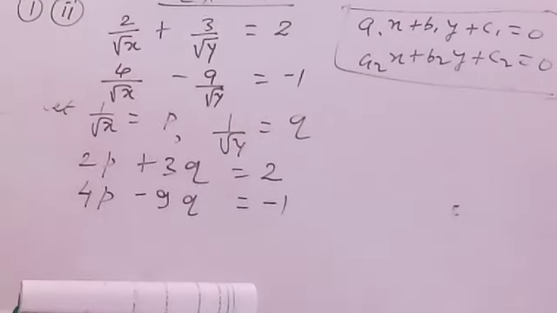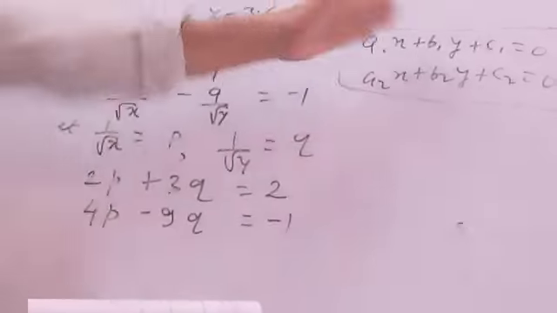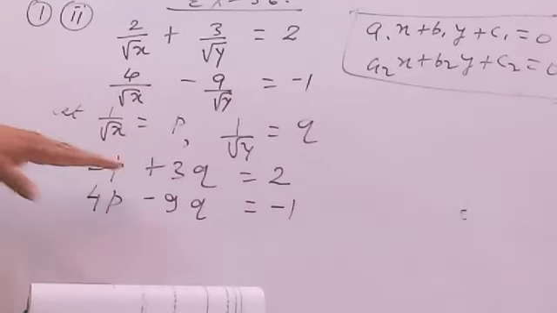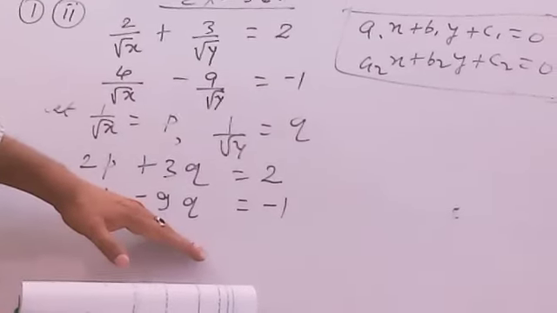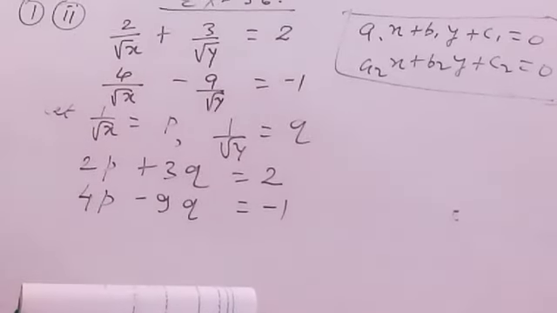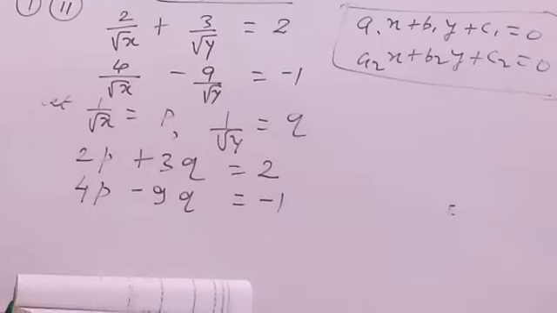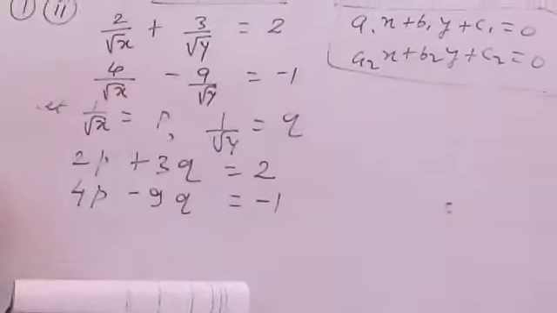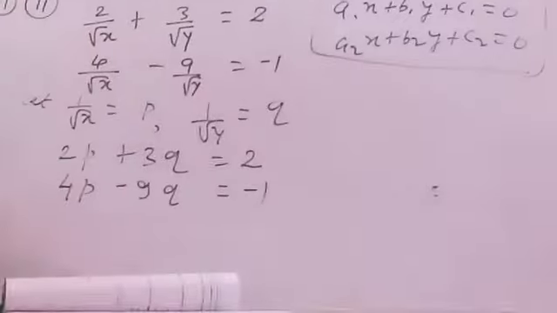Now it has been reduced to this form. We will find the values of p and q, and once we have them, we can find the values of x and y also. If it is not in this format, we make it in this format.